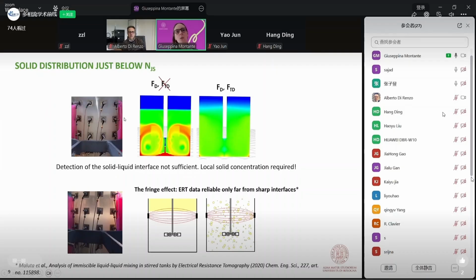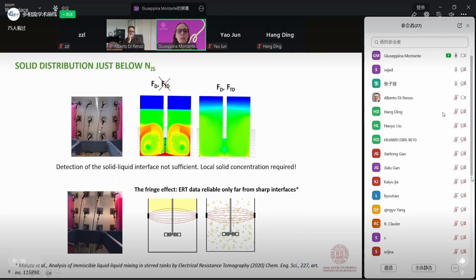What I want to also address is the fact that if we look at just one variable for doing validation, for instance, the height of the liquid-solid suspension, we can actually not get a good evaluation of our predictive capability, because this suspension level can be predicted in the same way by simulations that have a very different distribution of the particles inside the suspension.